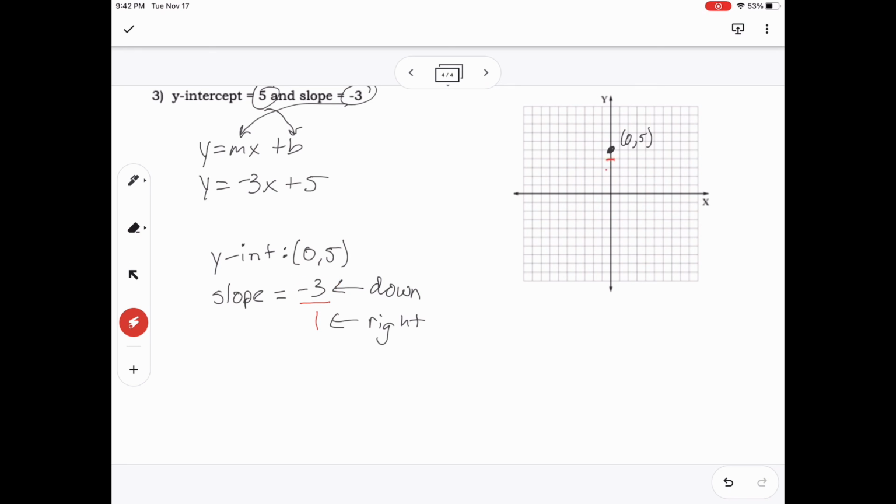So 1, 2, 3, and from that point I go to the right 1. So it gets me right here, so it should be at 1, 2. Okay, and then I graph my line. There you go. And then that would be how we graph, okay? Have fun.